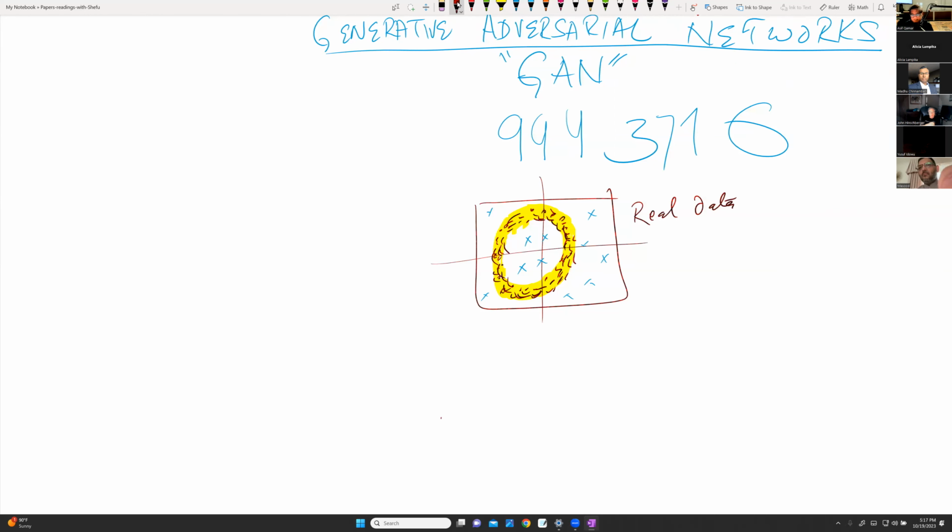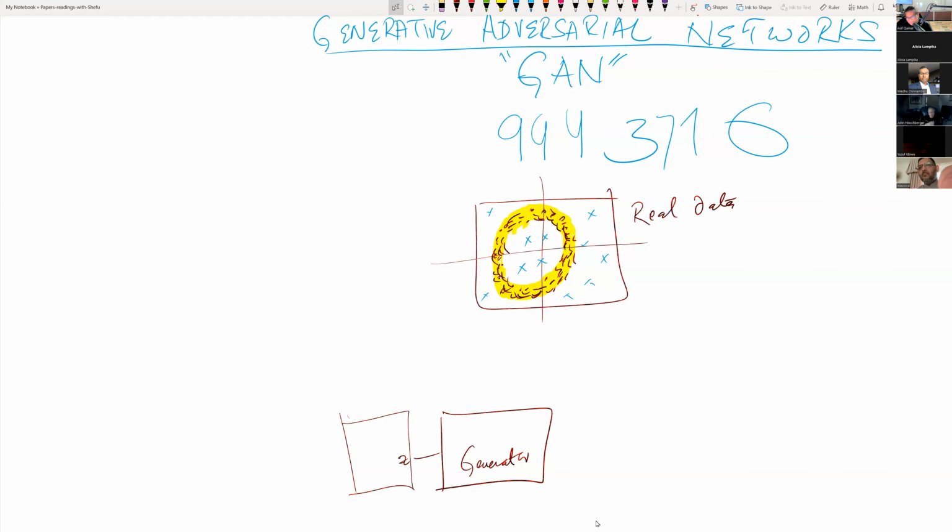Now imagine that you have a generator which is trying to take an input. What it will do is, it will imagine that it gets data. Let's, for the sake of argument, imagine that it gets a page, and it can take points somewhere here. What does it need to do?